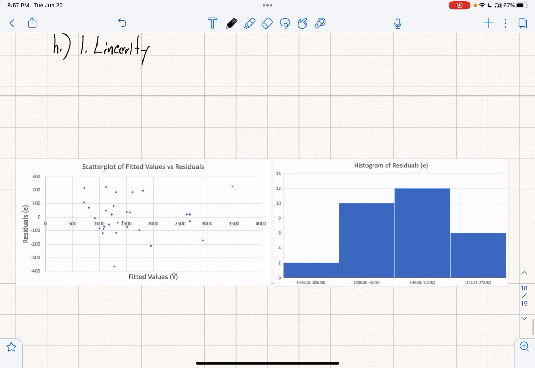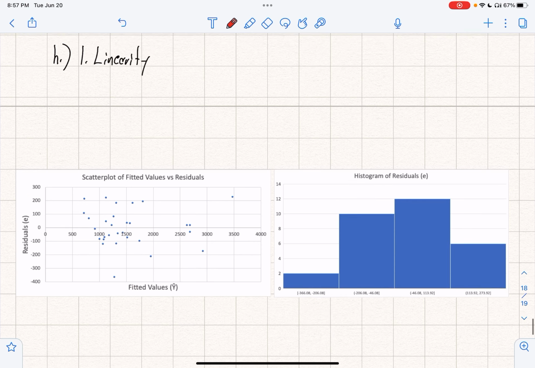So does this look linear? Yeah, close enough. You could just draw a line through this, and that seems reasonable. It doesn't really have any other shape other than a line shape. So think of it as the line of best fit in our scatter plot between fitted values and residuals. So I would say, is linearity okay?